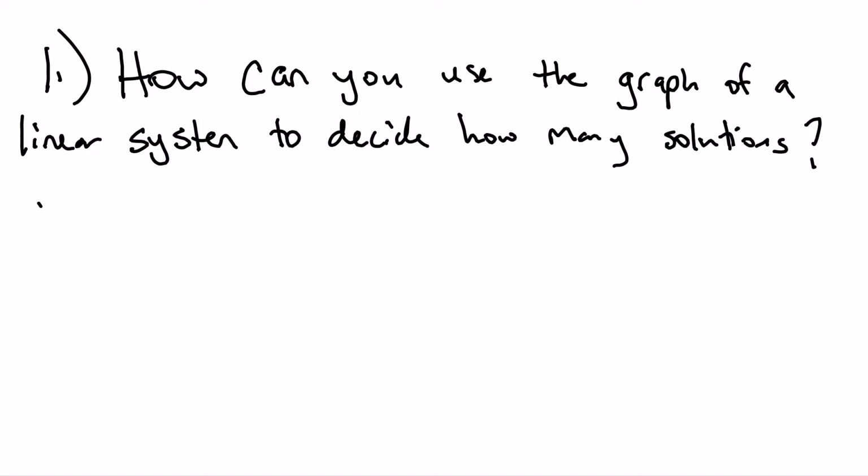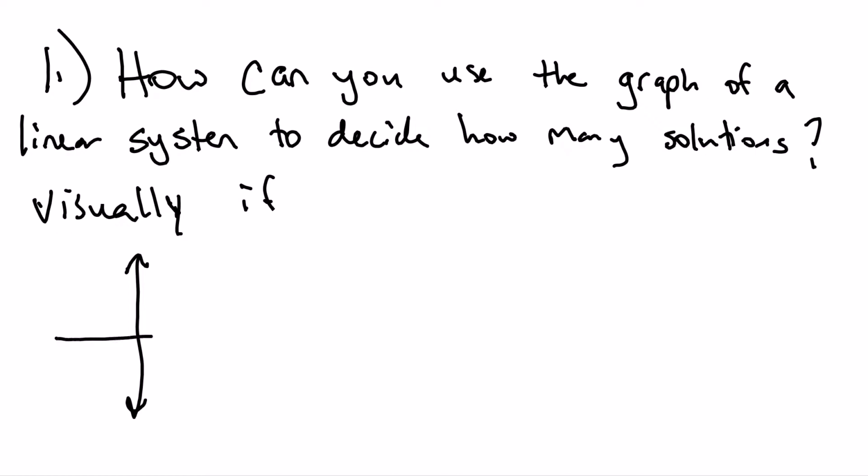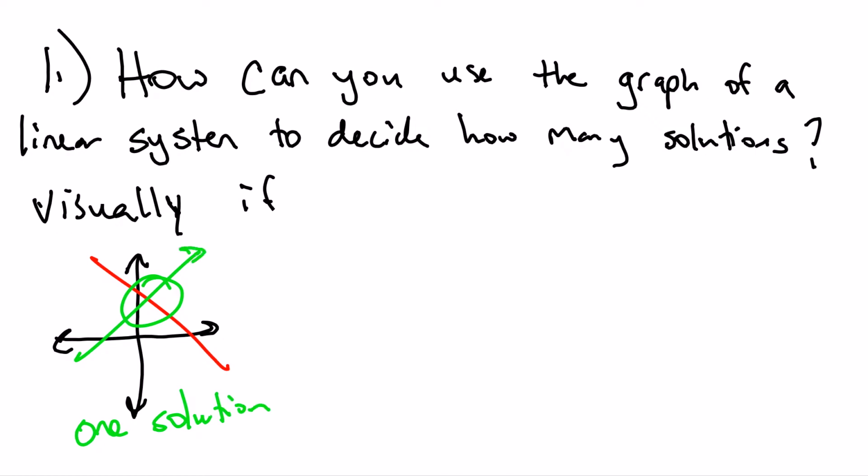Alright, the first one is how can you use the graph of a linear system to decide how many solutions? So visually, if you have 2 lines that intersect, there's one solution. I'll say in class, if X marks a spot, there's one solution.